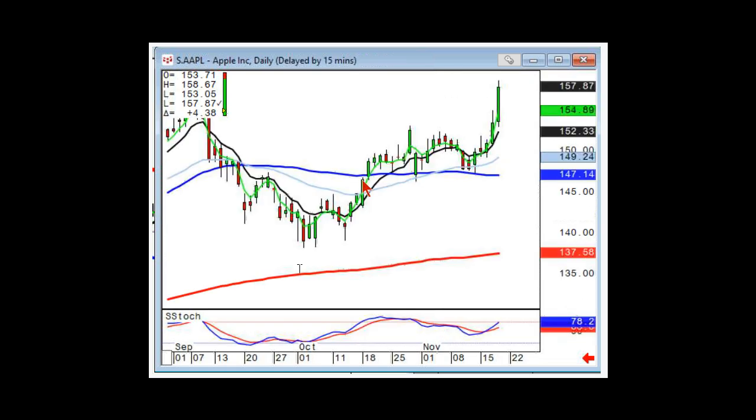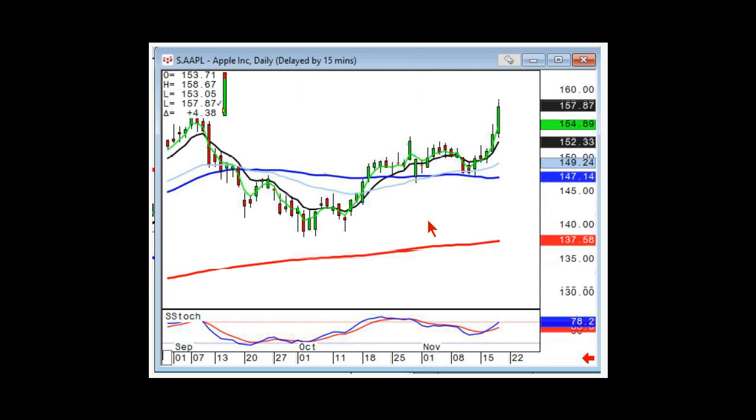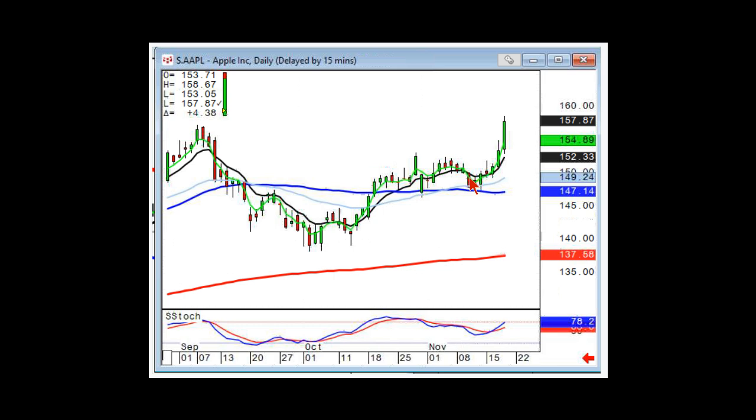Apple. Notice how when they came up through the 50, they came right back to the 50, and right back to the 50, and you can see the pattern setting up. So what was everybody and their brother watching? Watching to see what it does.